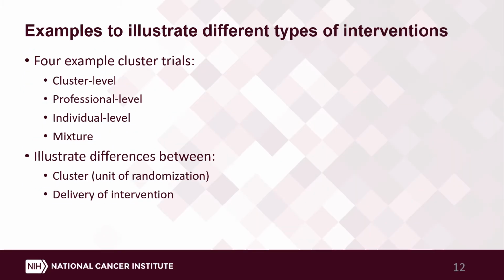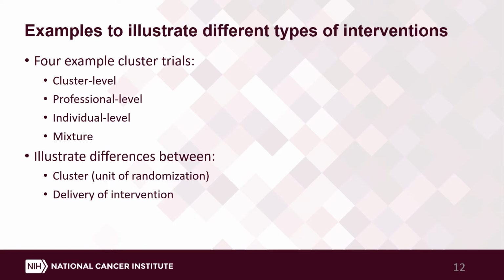So over the next few slides, I'm going to illustrate 4 examples of cluster trials where they are evaluating different types of interventions. So in the first example, the evaluation will be of a cluster level intervention. Then we'll look at a trial that is evaluating a professional level intervention, then move on to a trial that's looking at an individual level intervention.